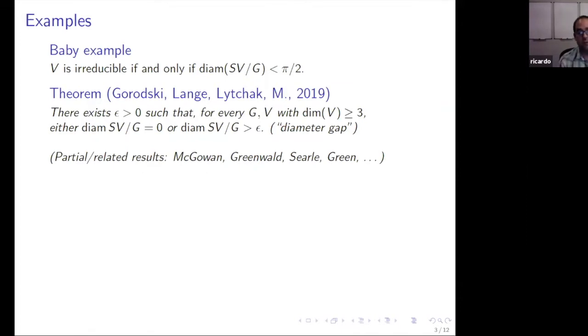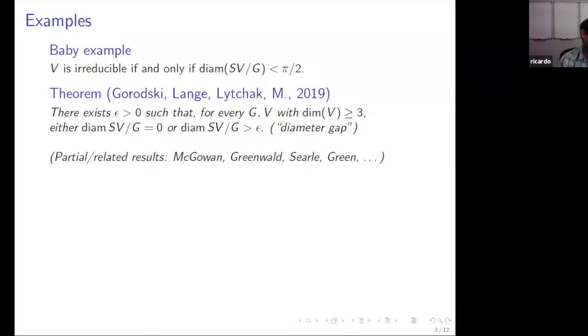In fact, we have to use the classification of finite simple groups in the proof of this. So I guess you cannot get less elementary than that, probably. It's maybe the most complicated theorem ever, right? The classification of finite simple groups. We have to use that in this theorem. So that's another example of the interplay.